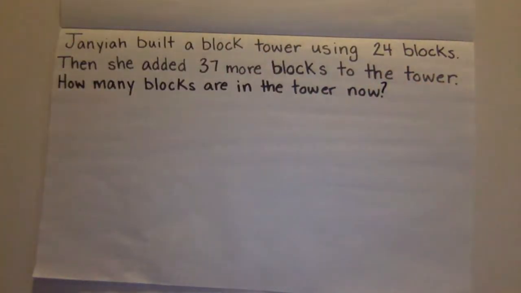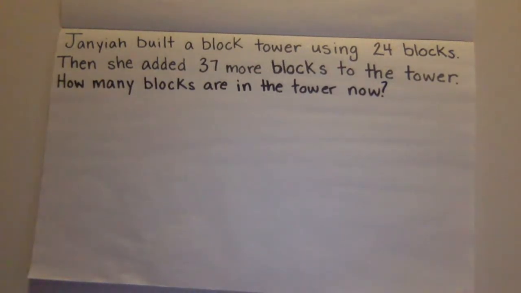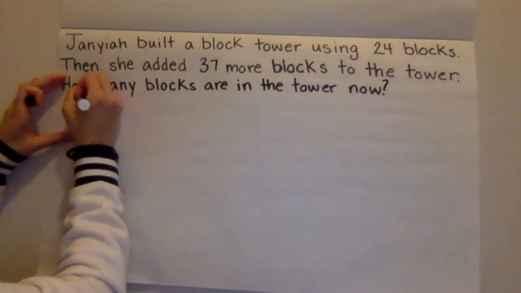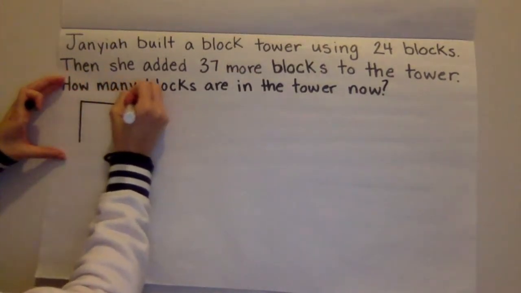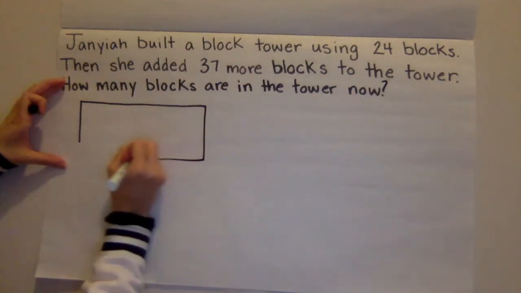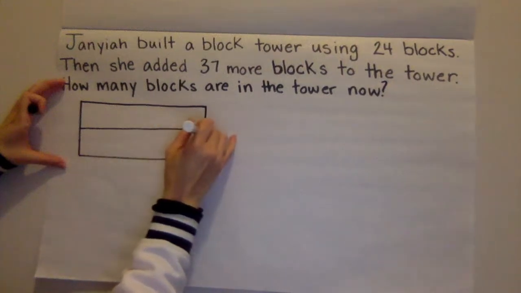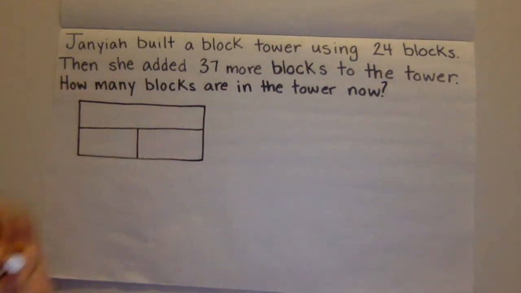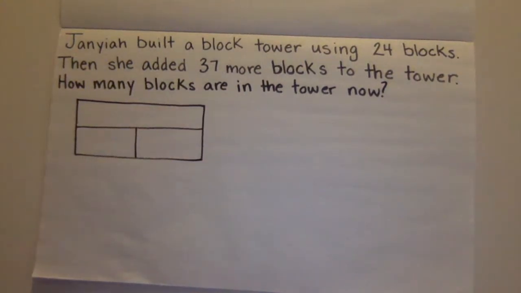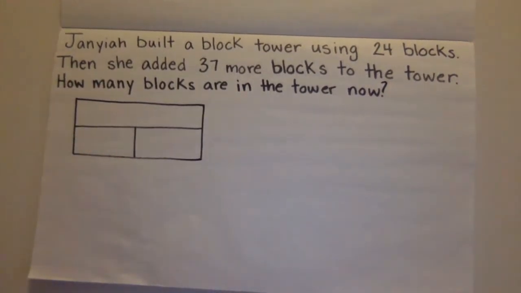All right. First thing we need to do is go ahead and draw your tape diagram. So we can figure out what do we know and what do we need to figure out. Janiyah built a block tower using 24 blocks.